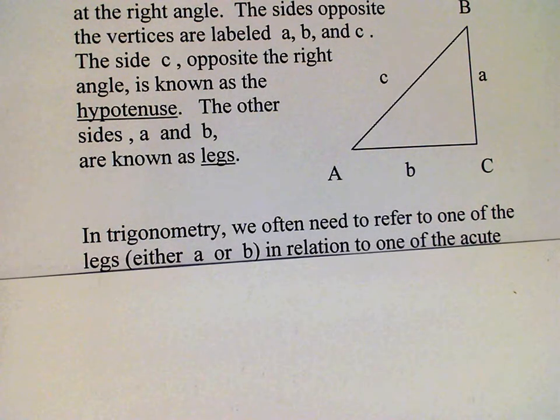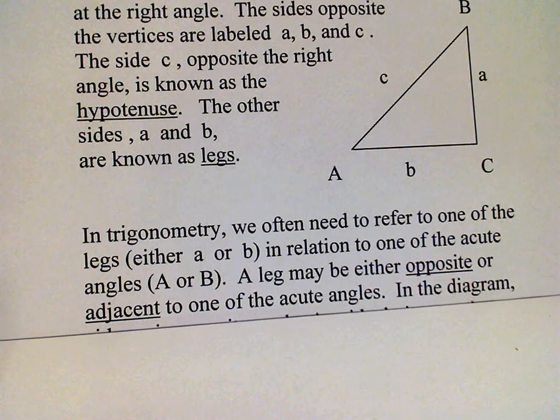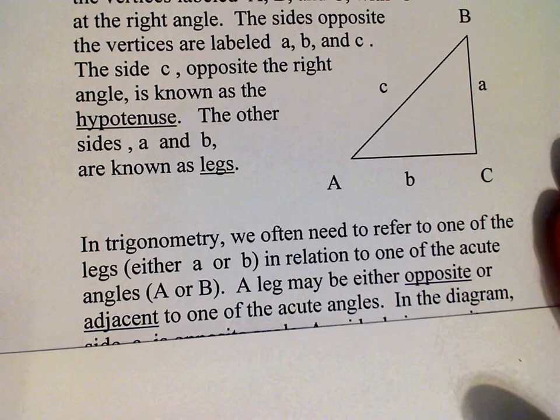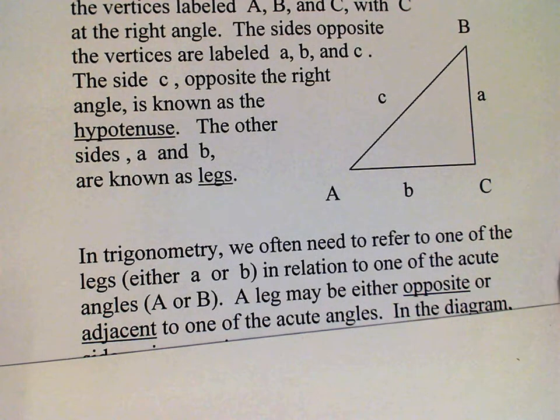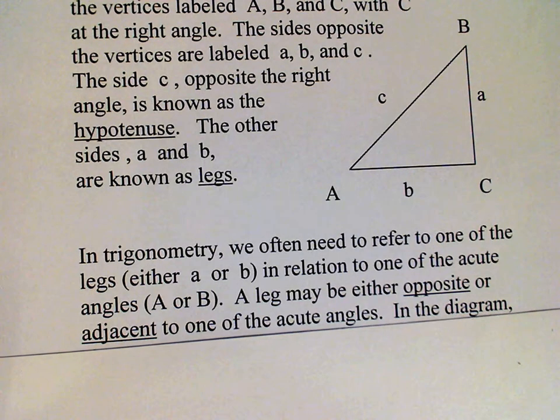Now in trigonometry, we often need to refer to one of the legs, either side a or side b, in relation to one of the acute angles, which we will refer to as capital A or capital B. A leg may be either opposite or adjacent to one of the acute angles.